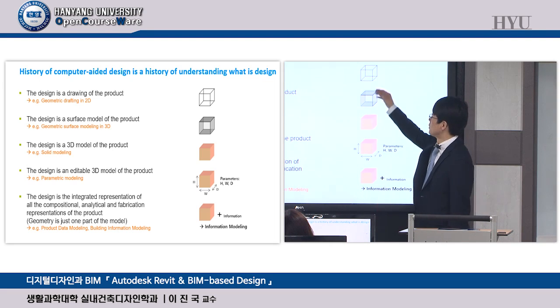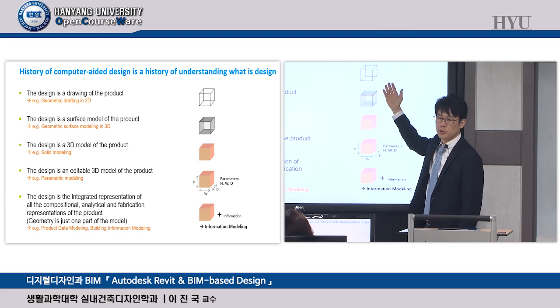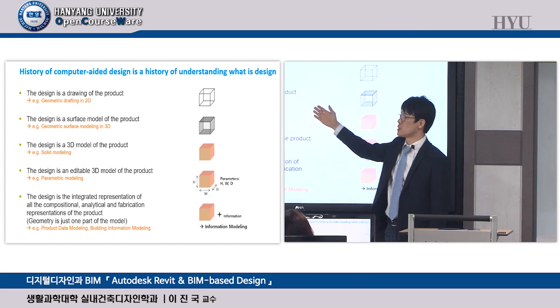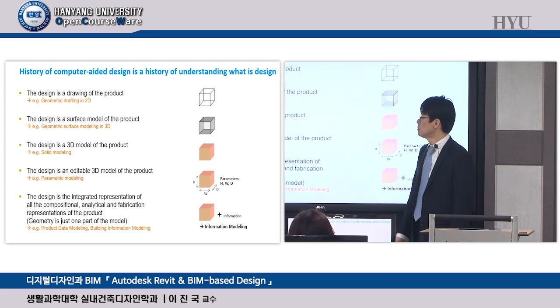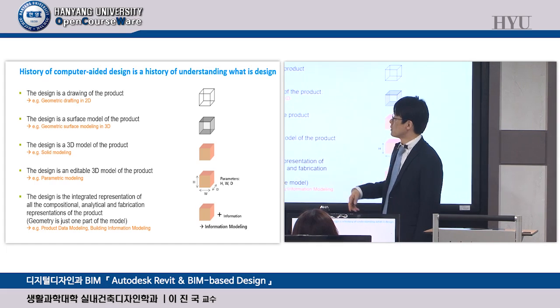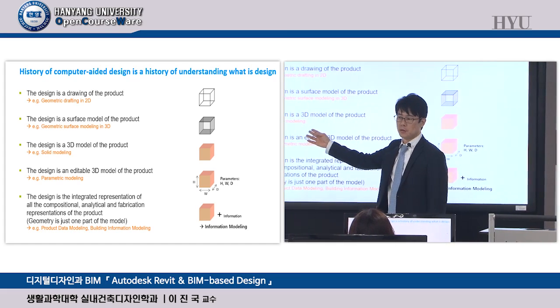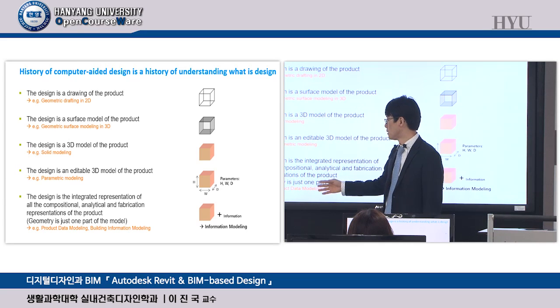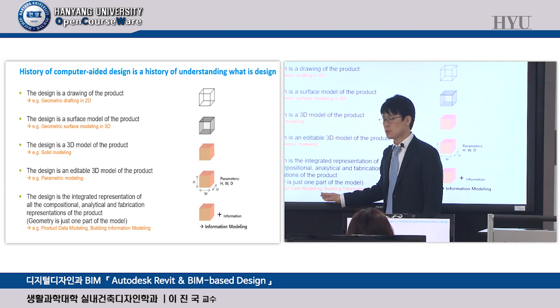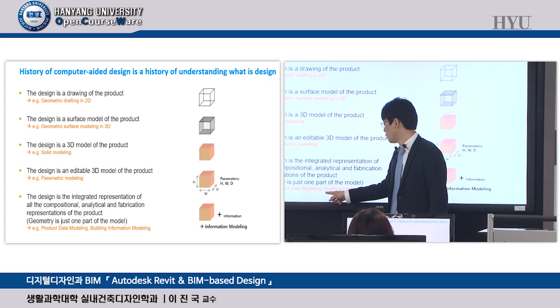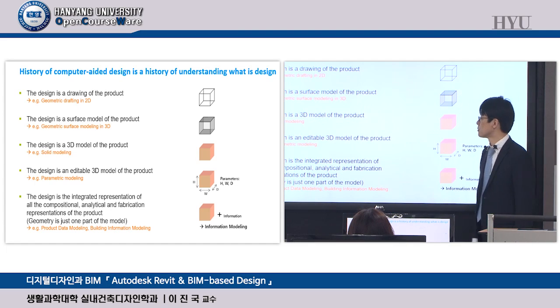So far, we have learned those two parts, okay? Drawing, drafting, and surface-based 3D using SketchUp, 3ds Max, and so on. But the next phase is solid model and parametric model. At the end, the current up-to-date, cutting-edge technology is product data modeling or building information modeling.